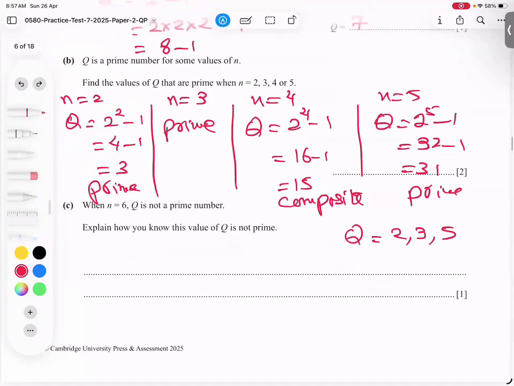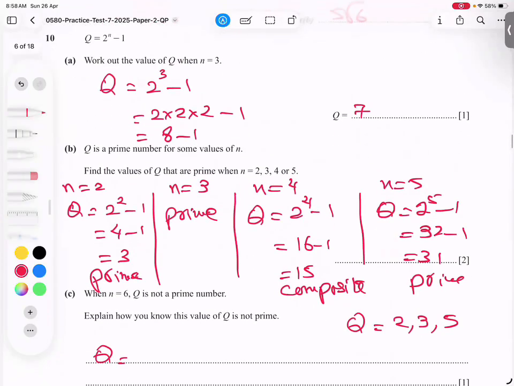Next part, he's asking: when n is 6, Q is not a prime number. Explain how you know this value Q is not a prime number. And we can give the same evidence again. So Q is equal to 2 to the power 6 minus 1.